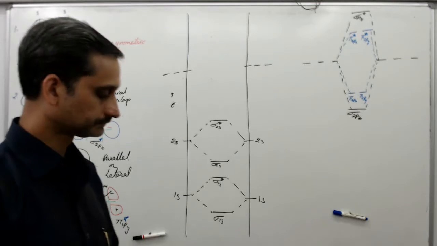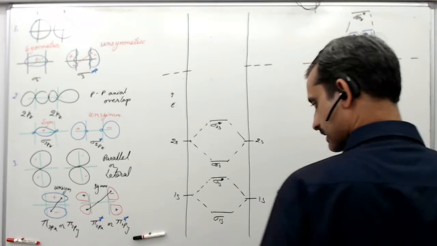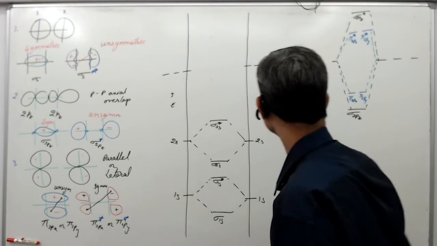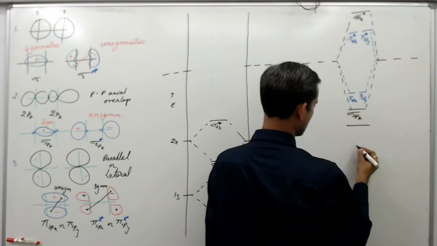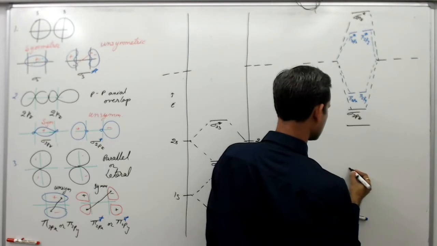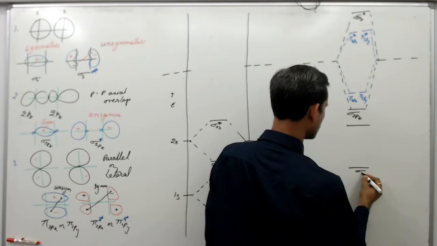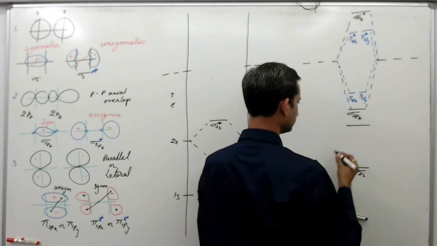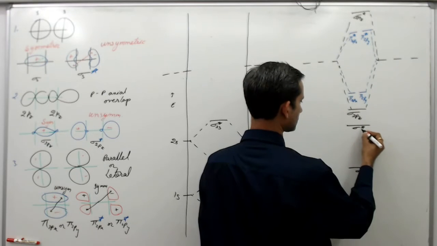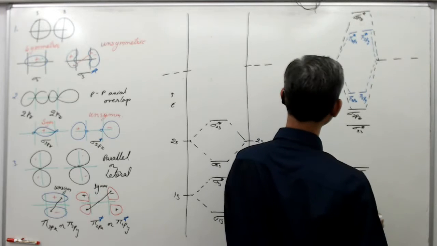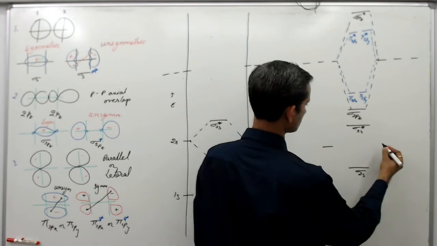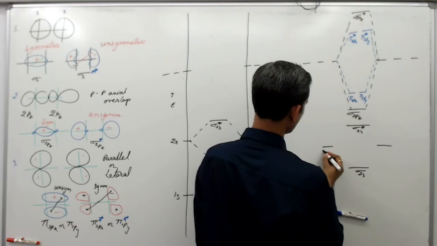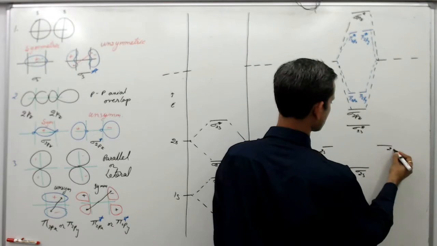So here we are having the sigma 2s orbital, and this is the sigma star 2s orbital. This is the 2s.